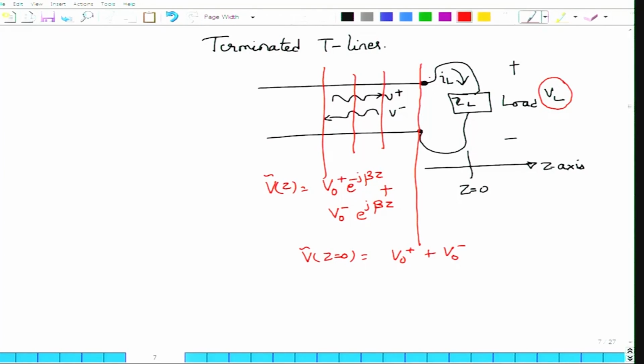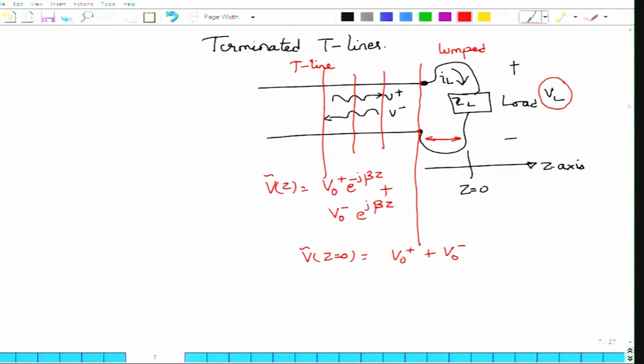By the way, I have used a very irregular shape of wires to connect this ZL load, right. The reason that I have done is to show that anything beyond this region where the load is connected, the spatial extent of this load can be neglected. In other words, this region what we are considering is the lumped region, this is the transmission line region.